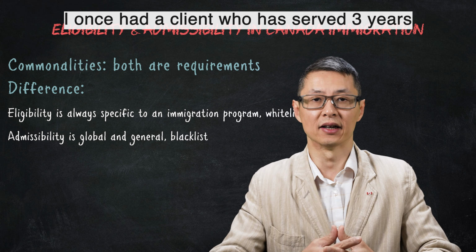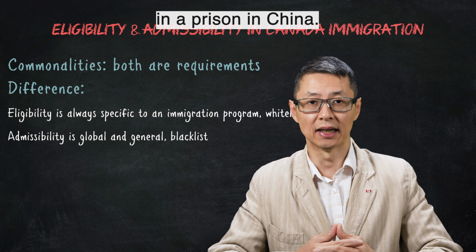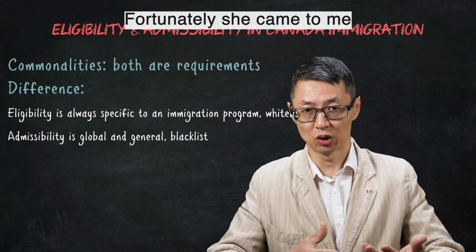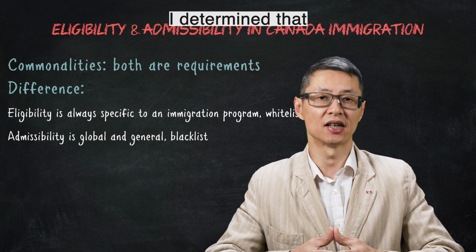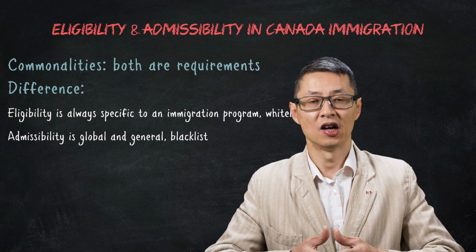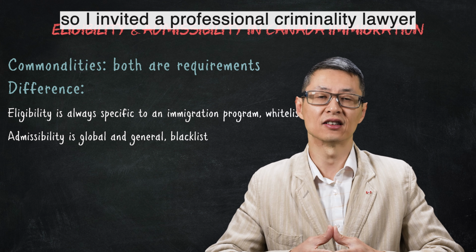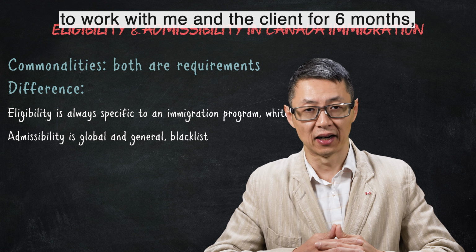I once had a client who had served 3 years in a prison in China. Fortunately, she came to me the first time. After I did a lot of research, I determined that she may not be inadmissible at all. So I invited a professional criminality lawyer to work with me and the client for 6 months.